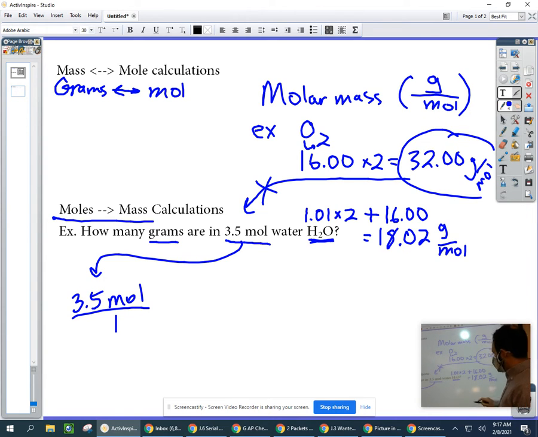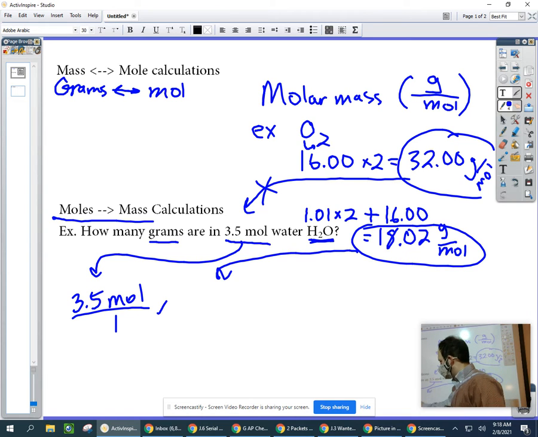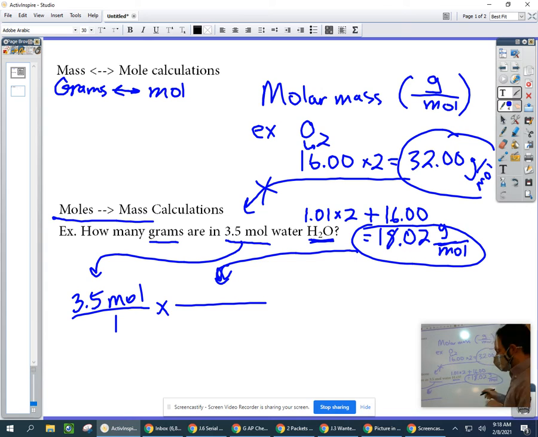So that's what we're going to use as the conversion factor. We're going to use molar mass as the conversion factor that goes as your next fraction here. Now notice the grams per mole, that slash there is actually a fraction bar, a conversion factor. And so we're going to need to put 18.02 grams on one side of this fraction, and the 1 mole, because it's grams per mole, it's per 1 mole on the other side.